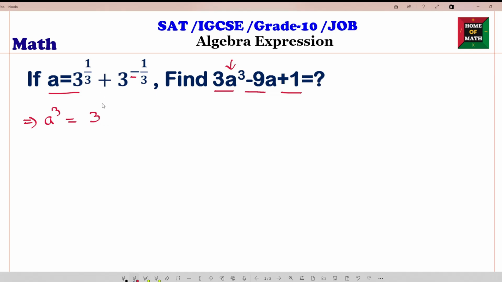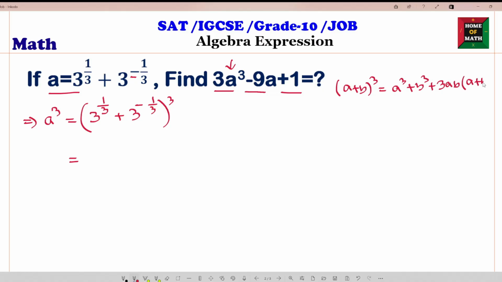So (3 to the power 1/3 plus 3 to the power minus 1/3) whole cube. We know (a plus b) whole cube is a cube plus b cube plus 3ab times (a plus b).